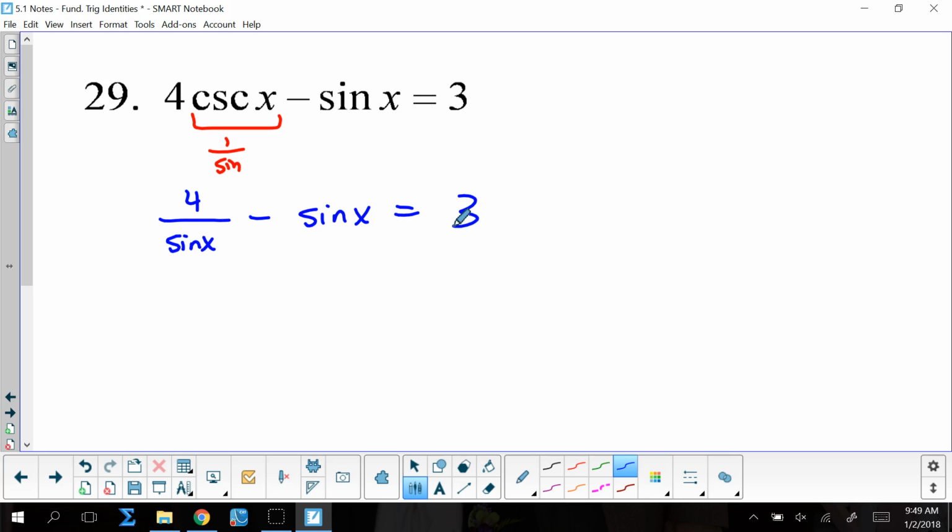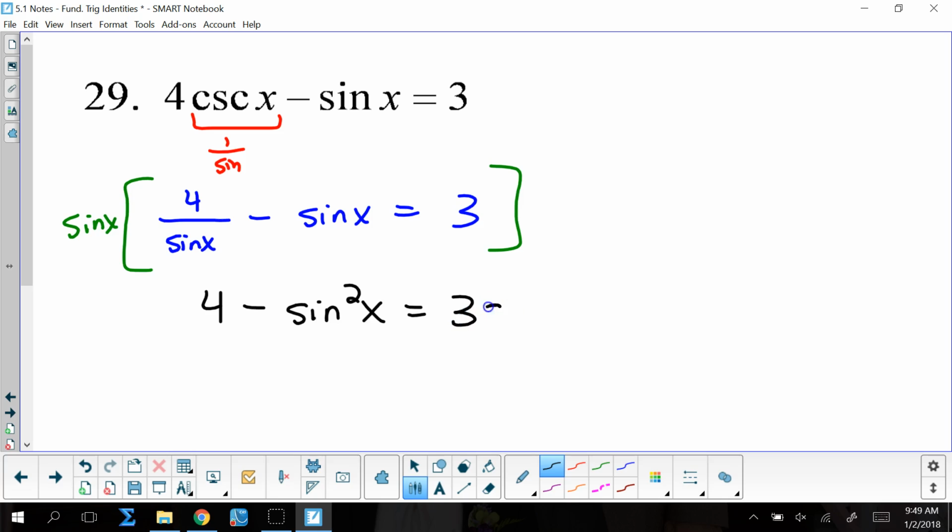Right? So what are you going to multiply by? By sine of x. And that's going to give you 4 minus sine squared equals 3 sine.